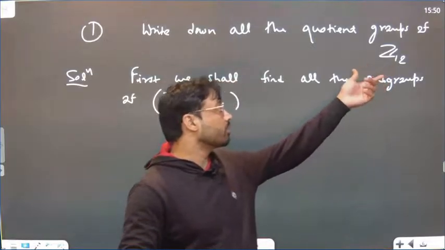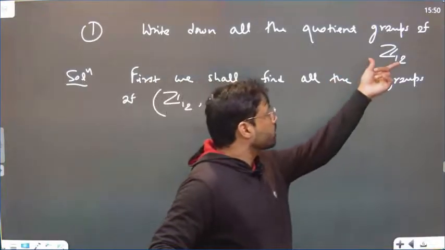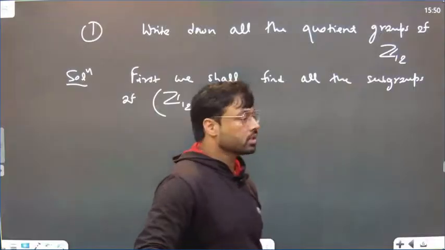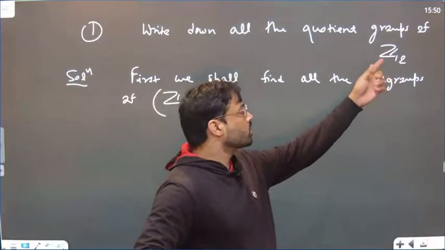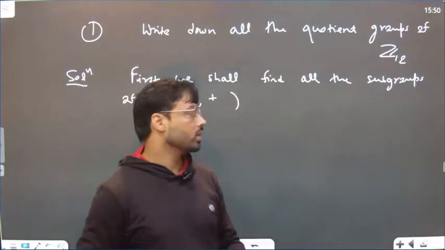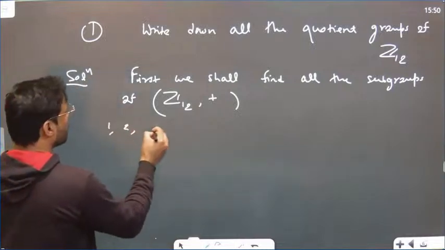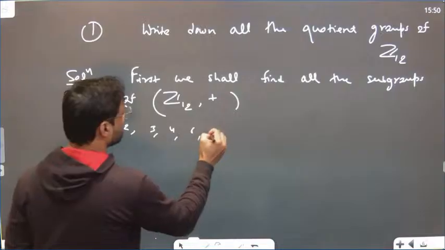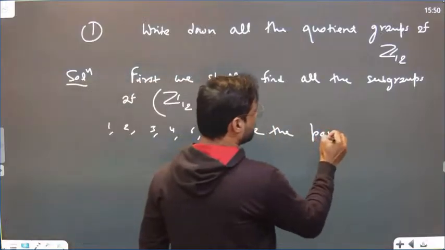And we know how to write the subgroups of Z12. How many subgroups does this group have? The number of subgroups of this group is equal to the number of divisors, and corresponding to every divisor we can write the subgroup. So simply, what are the positive divisors of 12? 1, 2, 3, 4, 6, and 12.